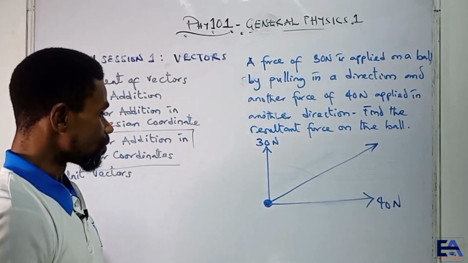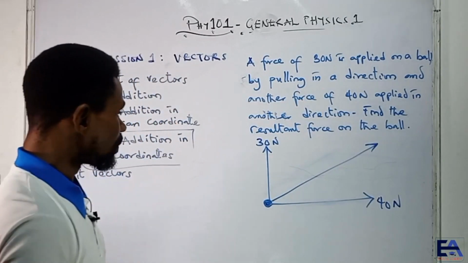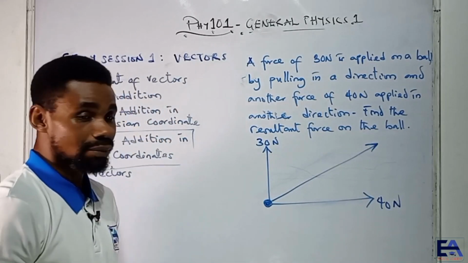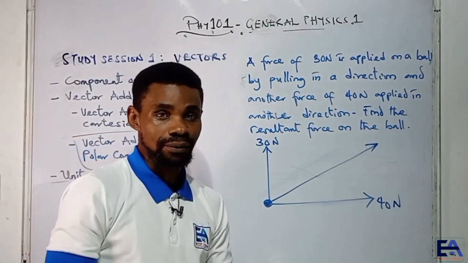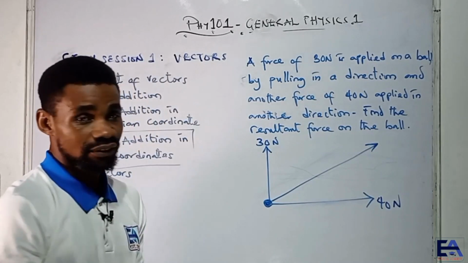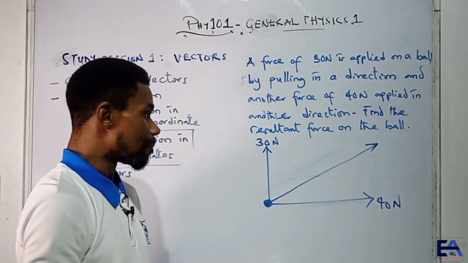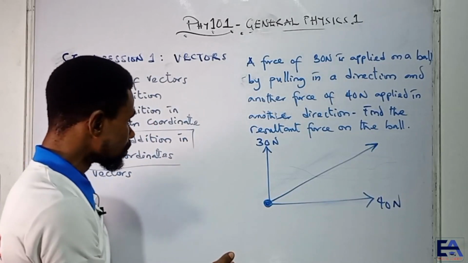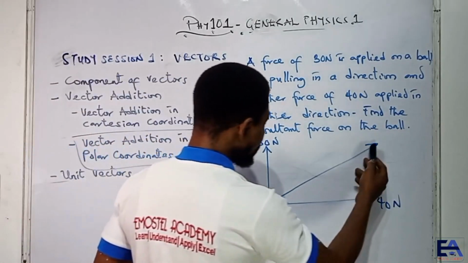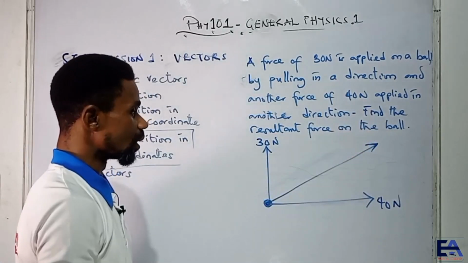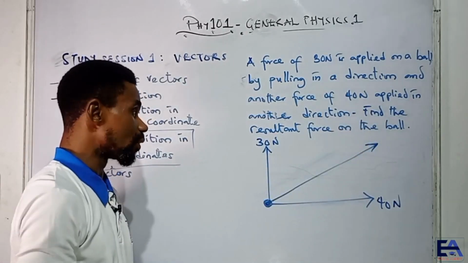Okay, the parallelogram law of vectors says if two vectors, A and B, are applied in magnitude and direction, the resultant vector is represented by the diagonal line that passes through the center of the parallelogram.